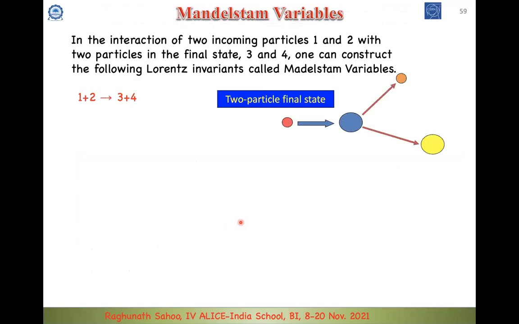Let me omit this part and briefly introduce the Mandelstam variables. I have exactly 5 minutes, and let me take those 5 minutes to introduce them. In the interaction of two incoming particles, for example 1 and 2, I produce two final state particles, 3 and 4, and we can construct the following Lorentz invariants, which are called Mandelstam variables.